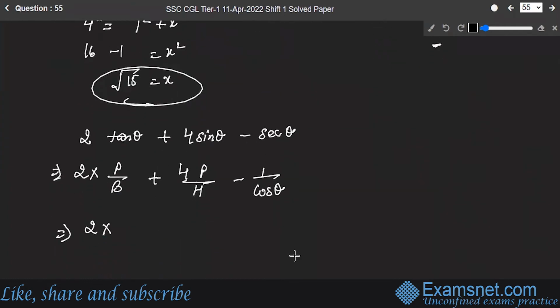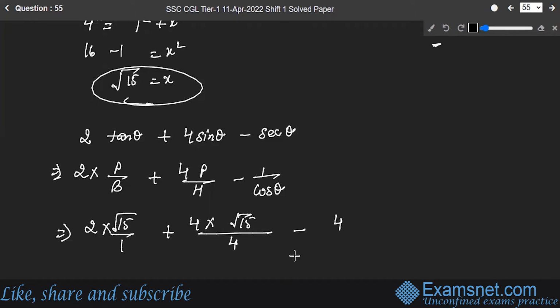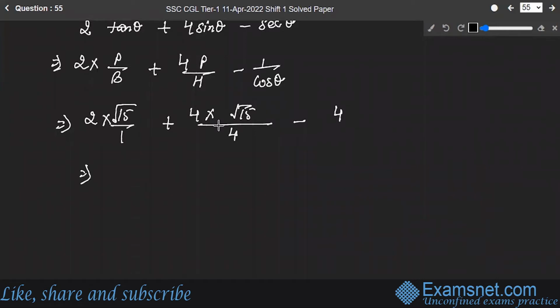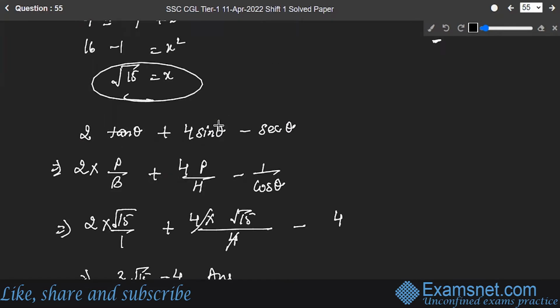The perpendicular is root 15 and the base is 1, plus 4 into perpendicular, under root 15, upon hypotenuse 4, minus 1 upon cos theta. 1 upon cos theta is 1 upon 1 by 4, which will give you 4 only. Correct? So let's solve. The 4 and 4 will cancel, and you will have 3 root 15 minus 4. So this is your answer. 3 root 15 minus 4 is the answer for this question.